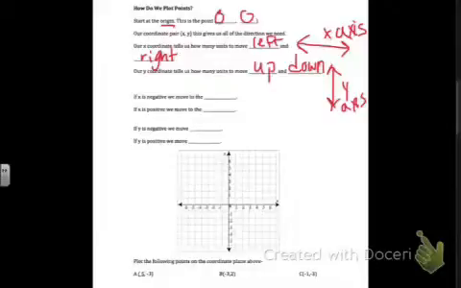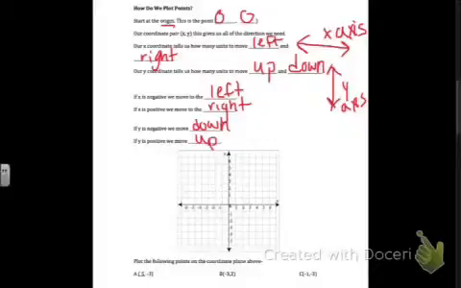So if x is negative, just like if we had a number line, we'll move to the left. And if x is positive, we'll move to the right. And the same logic, if y is negative, we'll move down, and if y is positive, we'll move up. Just use your number sense. Think about it, because each axis is its own number line.